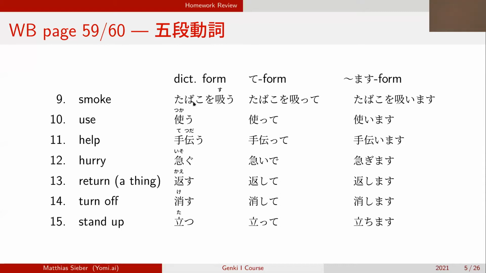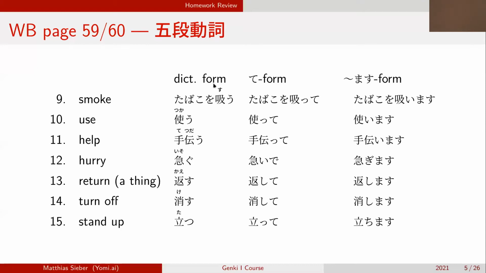It wouldn't be wrong to write tabako in katakana, but since there is actually a kanji, a compound kanji, usually tabako is written in hiragana. So it would be tabako o su, tabako o sutte, and tabako o suimasu.